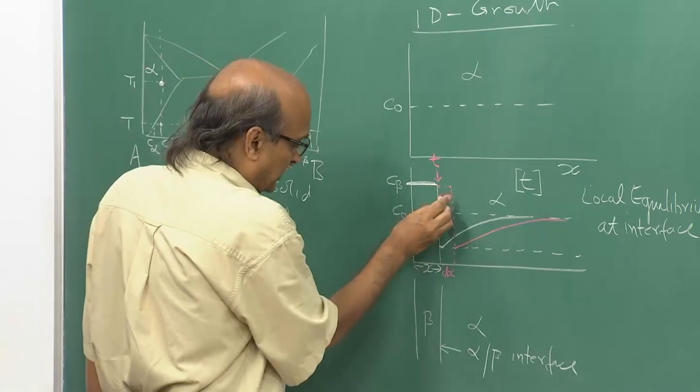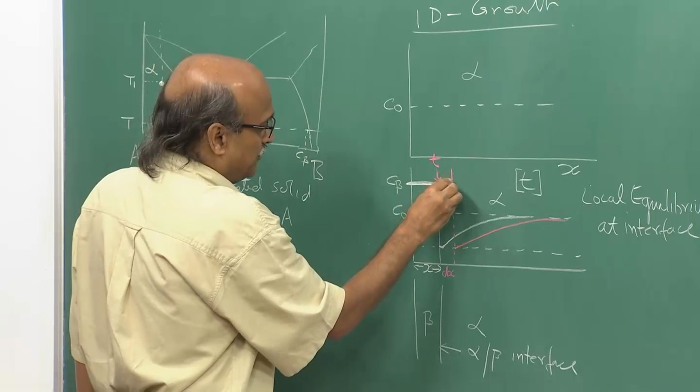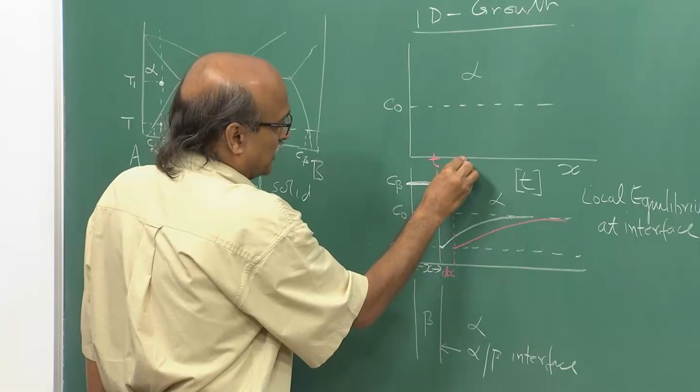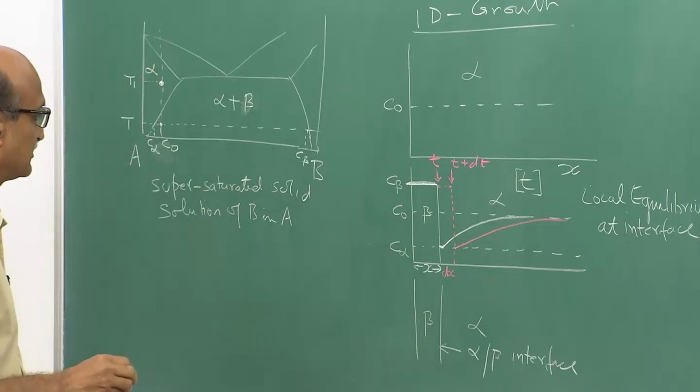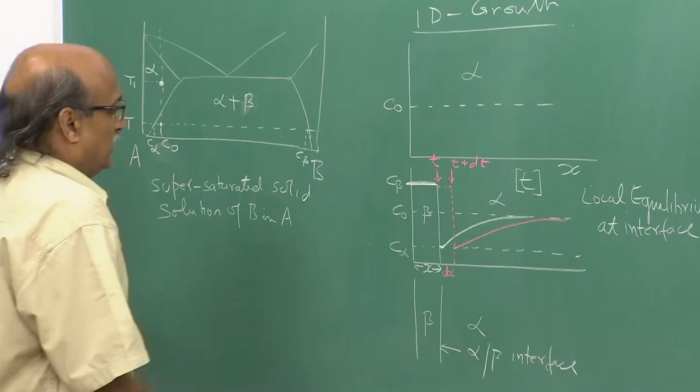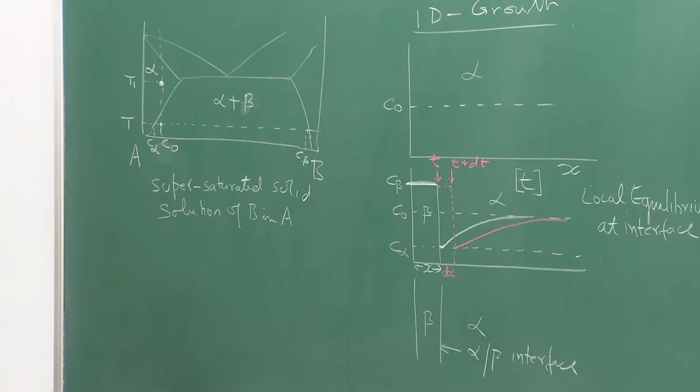So, the interface at time t was here, and at time t plus dt it has moved by a distance dx. So, this is the situation that we have.